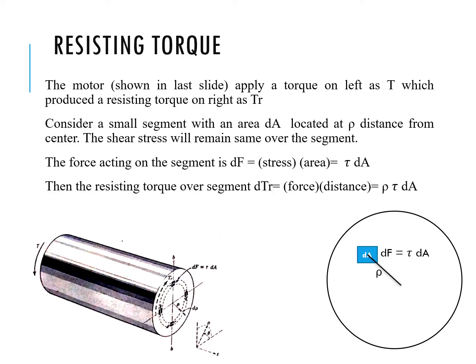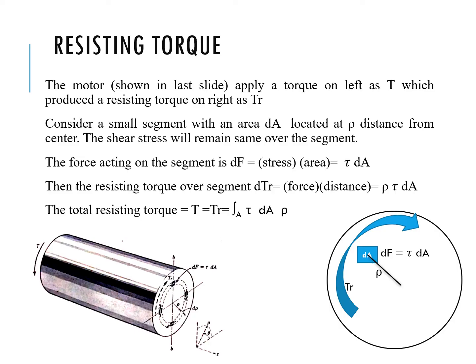Here the force is tau dA and the distance is indicated by rho. You can observe the resisting torque as a whole. We will integrate this over the area and we will have the resisting torque, which will be equal to the torque applied.